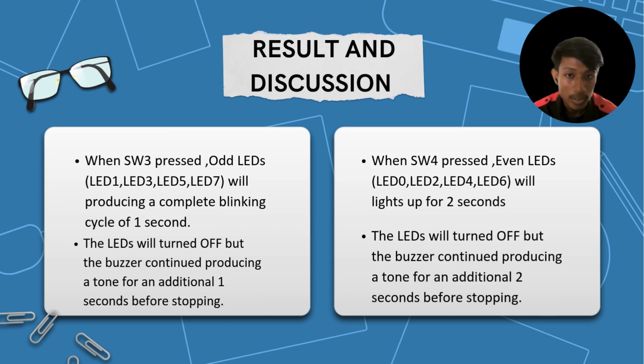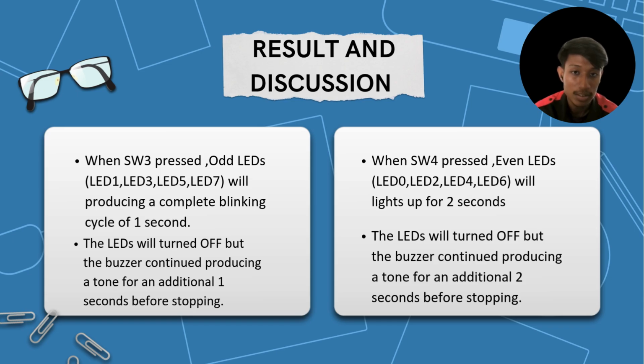And then when SW4 is pressed, the even LEDs such as LED0, LED2, LED4, and LED6 will light up for 2 seconds. The LEDs will turn off, but the buzzer continues producing a tone for an additional 2 seconds before stopping.